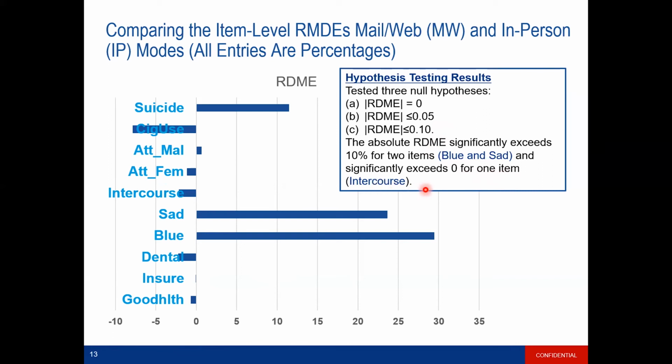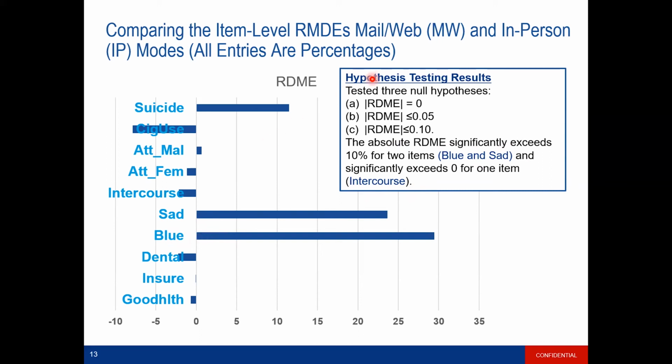We're not surprised to see the results because these items are more subjective, especially sad and blue, because from the survey literature, there's always some discussion about people who have depression or are emotional. It's harder for them to participate in in-person interviews.